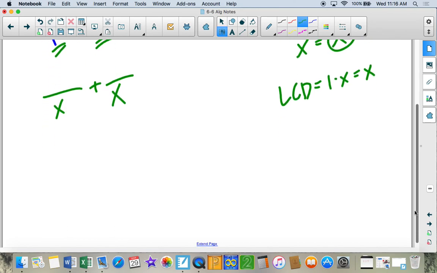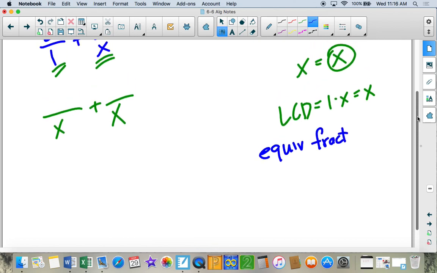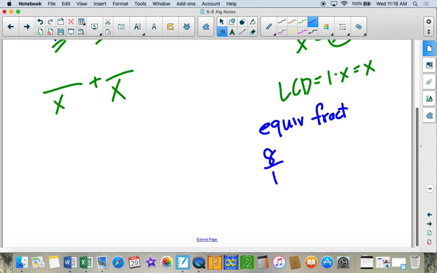Now we have to find equivalent fractions. So we have 8 over 1 as our original fraction, and we want to find an equivalent fraction with x in the denominator. So we ask the question, 1 times what gives me x? 1 times x.